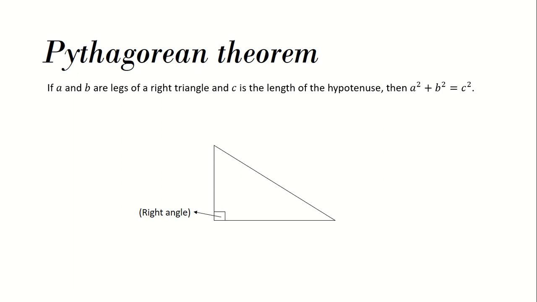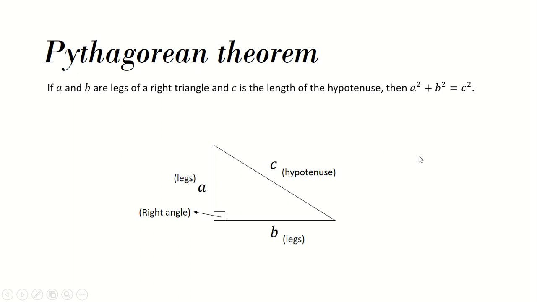Opposite the right angle, this side right here, we will call the hypotenuse. And the remaining sides, we will just call the legs of the triangle. So here we have the hypotenuse and the other two sides are the legs.